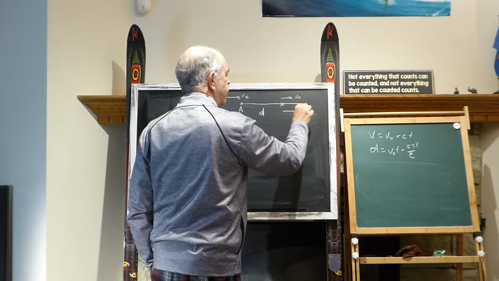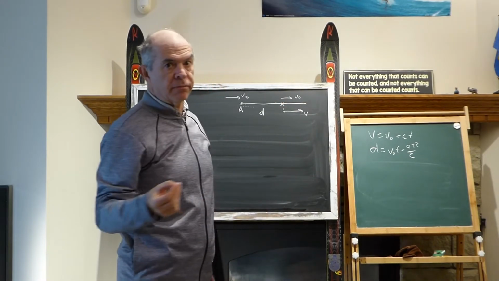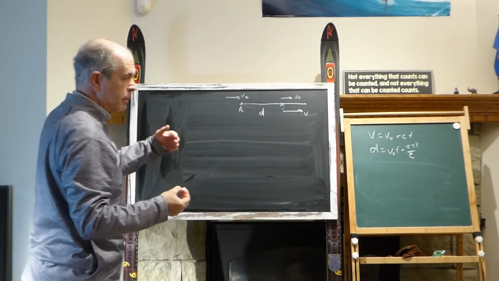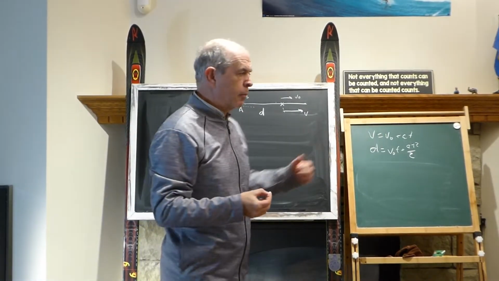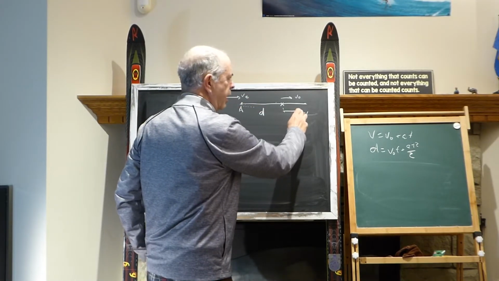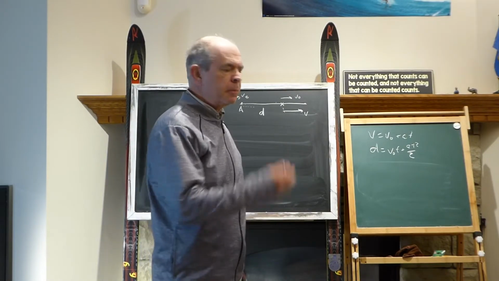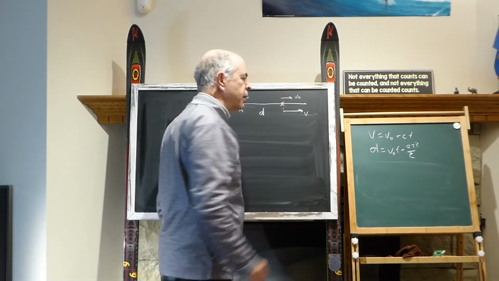The car obviously moves faster at that particular moment, because it's coming from the back and it catches up with the bicycle, so in order to catch up it has to have higher speed. And the question is how much higher speed it would be at that particular moment.